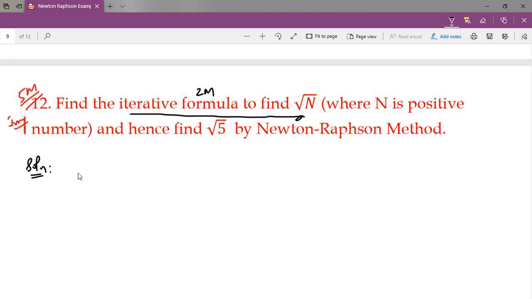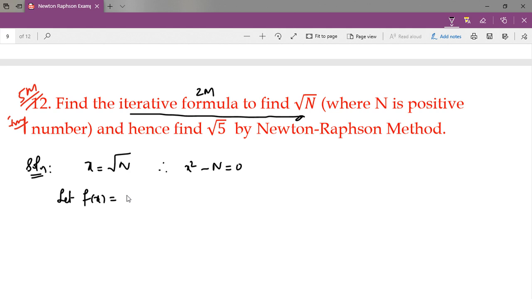What is given? x is equal to root n, the square root of n. Squaring on both sides, x square minus n is equal to 0. Let us consider this as f of x.